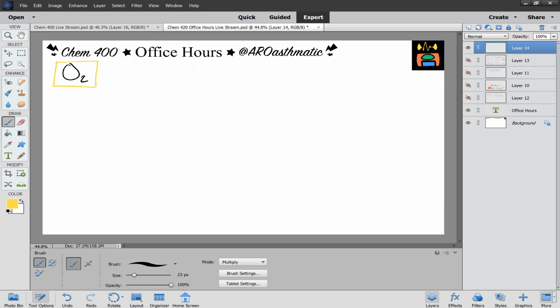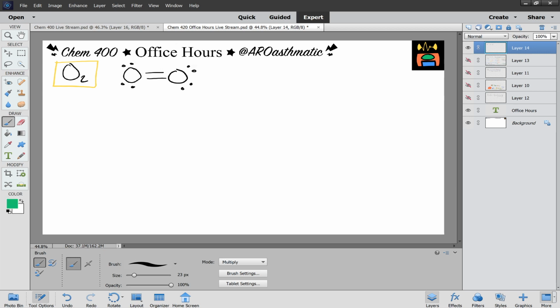All right, molecular oxygen. If you draw the Lewis structure for oxygen, it's going to look like this.